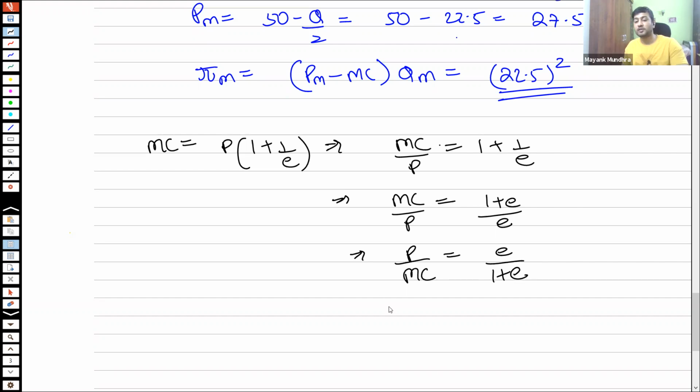And then I subtract 1 from both sides. So P by MC minus 1 must be equal to E upon 1 plus E minus 1.